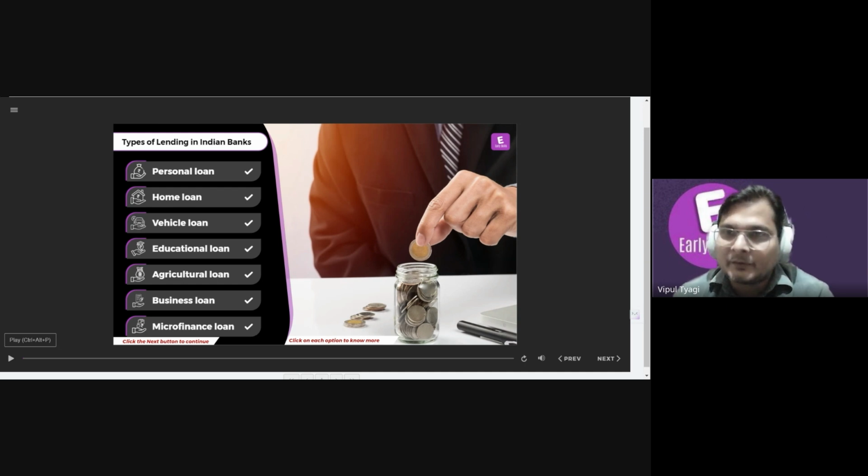security. Okay. And there are unsecured loans also available, in which the bank does not take any security or collateral. Banks give these loans just on the basis of the income you are earning.